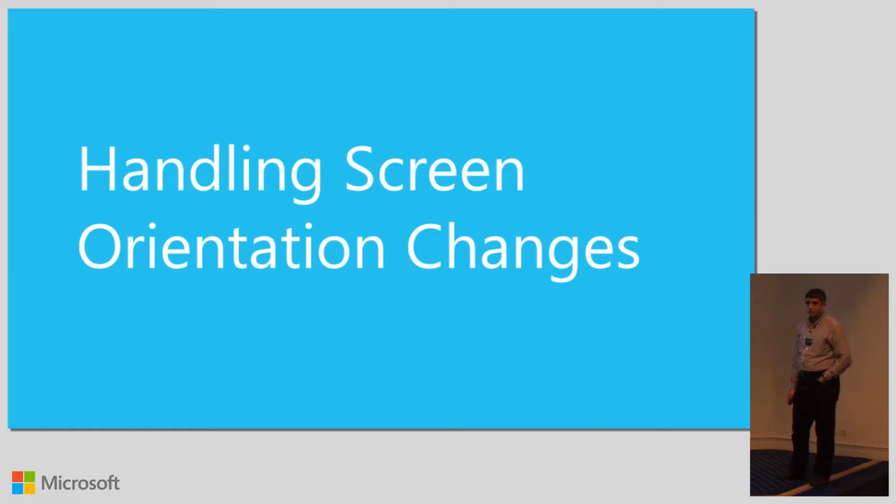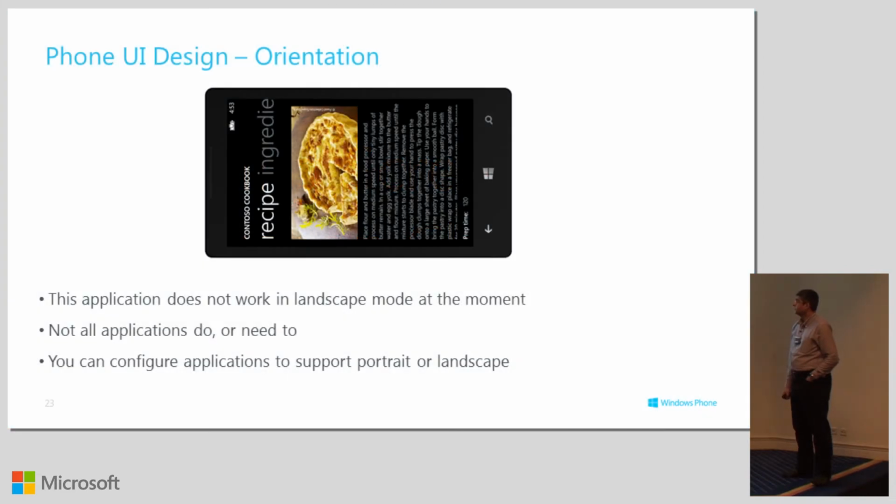So let's talk about the different orientations that we have within the application. Now, if you saw in the morning in the emulator, we had the option to change the orientation to check the different orientations. From an application point of view, not all applications need to cater to the change in orientations.